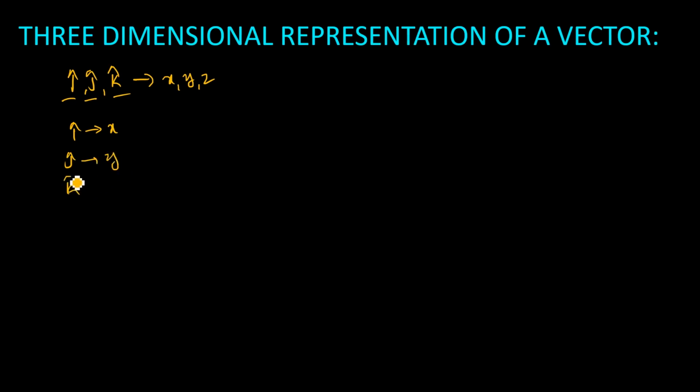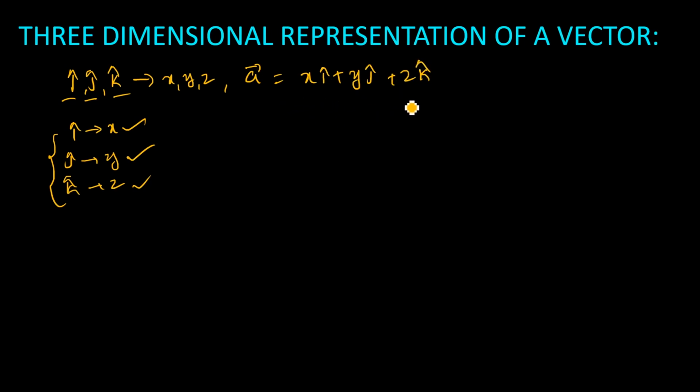So i cap, j cap and k cap are unit vectors along the direction of the x axis, y axis and z axis. Previously we know how to write A bar equal to x i cap plus y j cap plus z k cap.